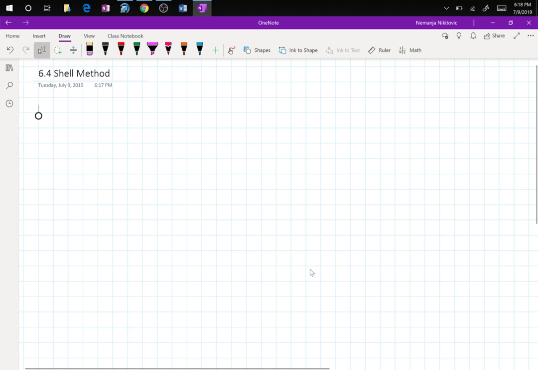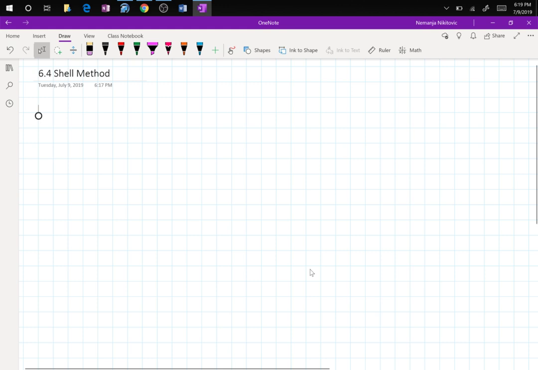So shell method, guys. We are going to cut differently now. We're going to cut cylindrical shells. The first cuts happened perpendicular to the axis of rotation. We see where the object is round, and you stick the axis of rotation in the middle of that object, and when you cut discs, those discs are cut perpendicular to the axis of rotation.